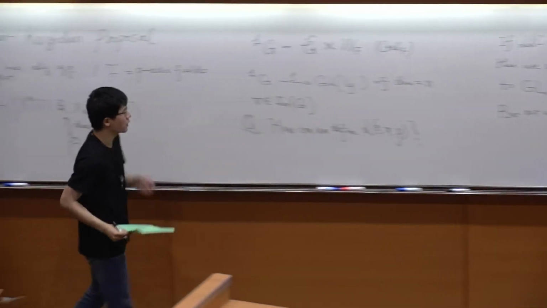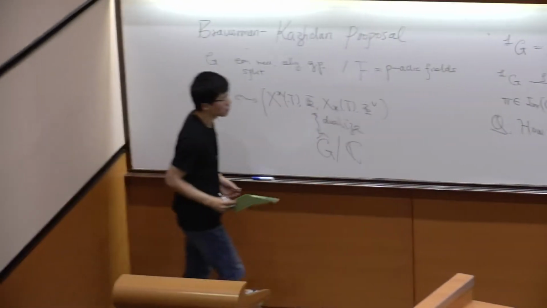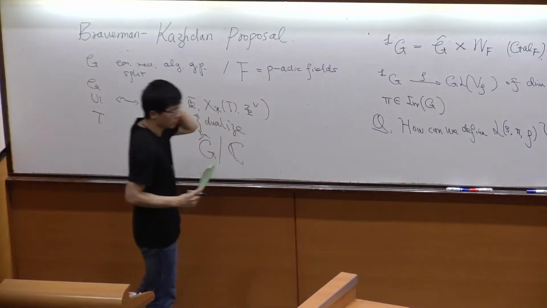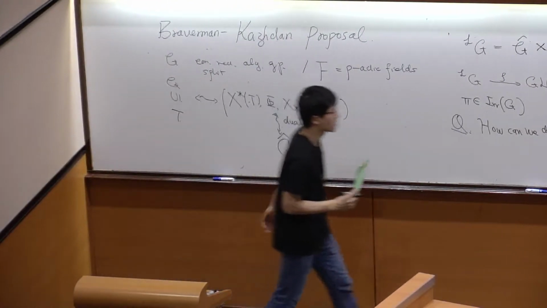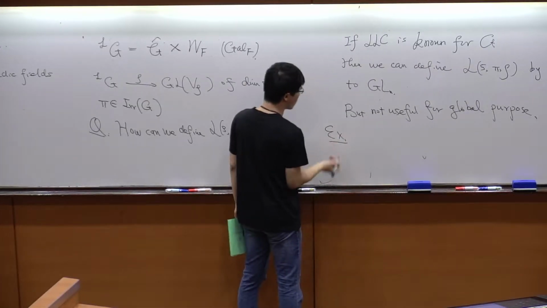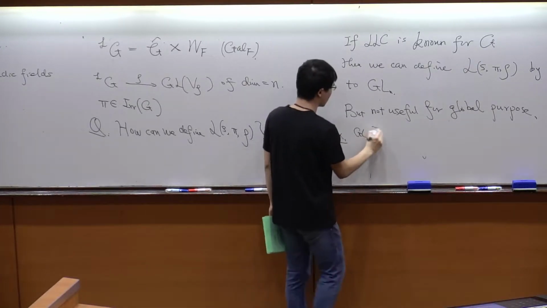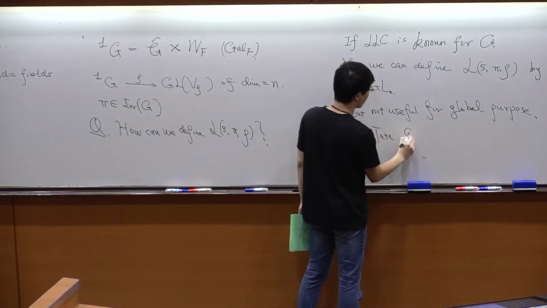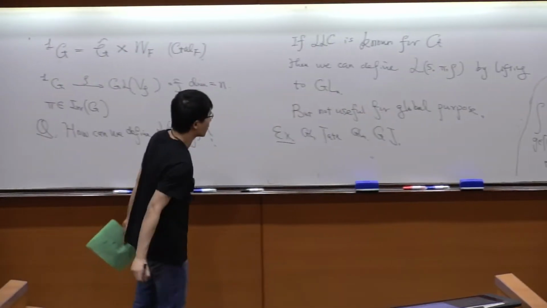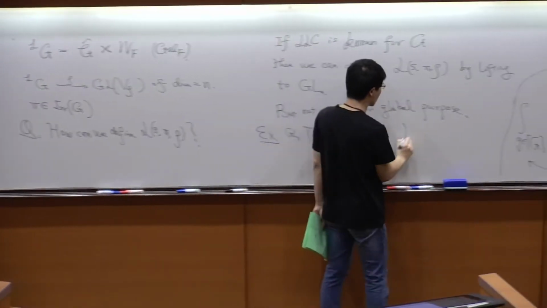Like if you want to prove the meromorphic continuation and the functional equation of the L function, then usually you need to use the techniques of harmonic analysis. So in particular, like the examples that we have already seen, you have the GL_1 theory due to Tate, and GL_n, the work of Godement-Jacquet. And also you have the Rankin-Selberg method.